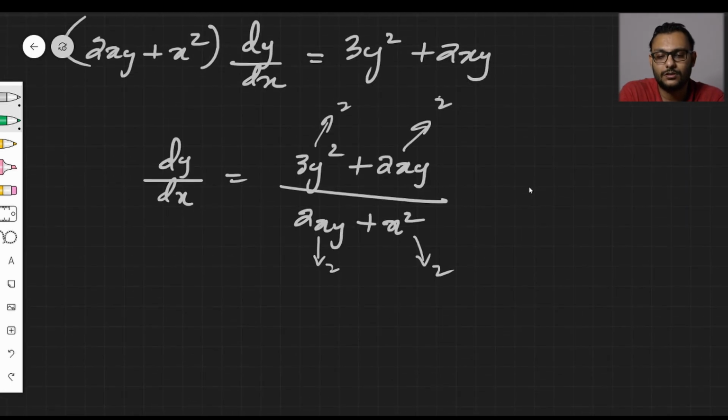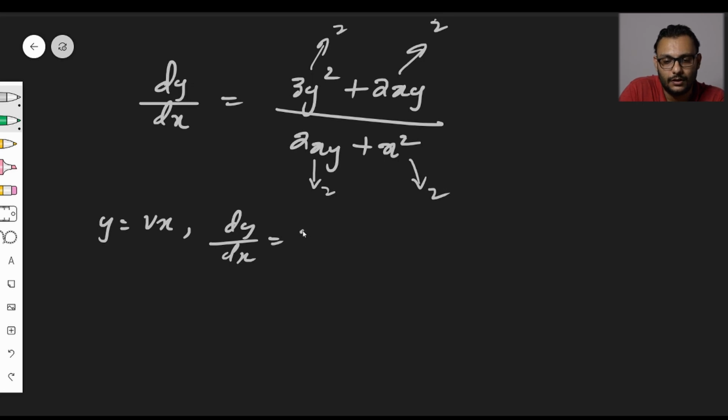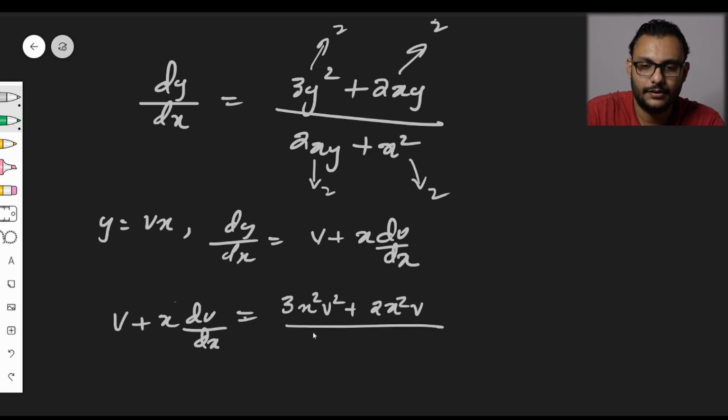Now let's solve this homogeneous equation. In order to solve it, we substitute y is equal to vx and dy by dx is equal to v plus x into dv by dx. Now substituting this, on the left hand side we get v plus x into dv by dx, which is equal to, substituting for y square, 3x square v square plus 2x square v divided by 2x square v plus x square.